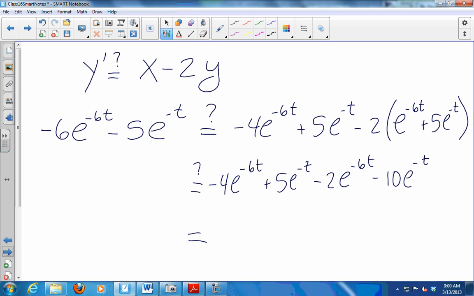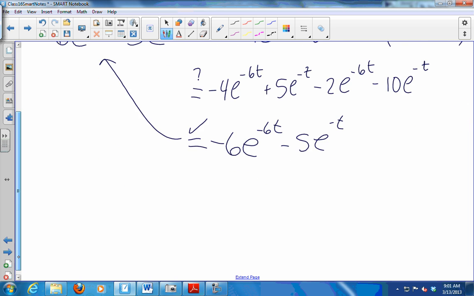So negative 4, negative 2 is negative 6. And 5 minus 10 is negative 5. So yes, it is equal. So it's a solution.